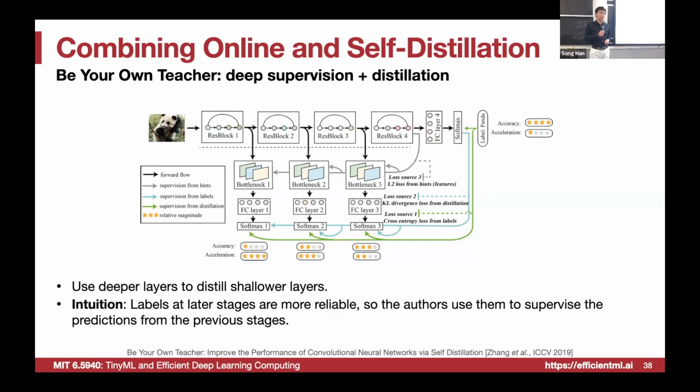For example, a natural way is to use a dense network as the teacher and a pruned network as the student, so that you can improve the accuracy of the pruned model with the original dense model. Or you can use distillation to fine-tune a quantized model, with the full precision model being the teacher and the low precision model being the student.